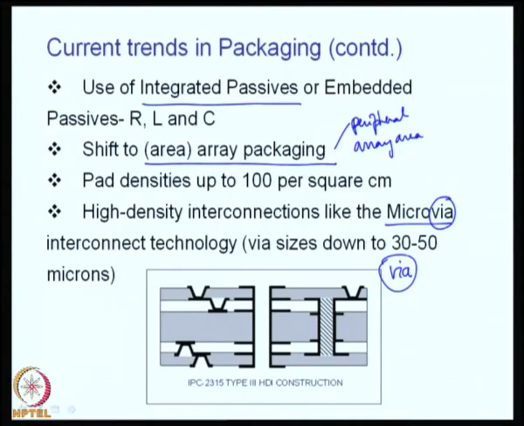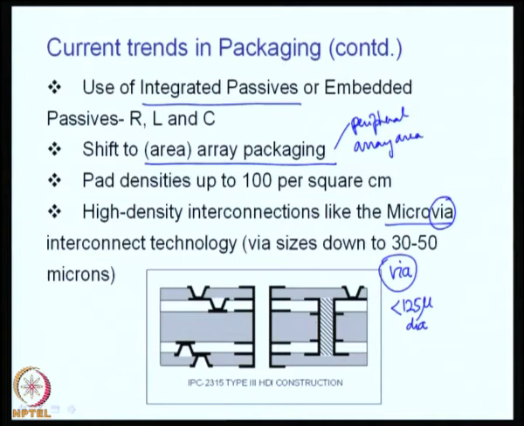When I say micro via, by definition it is any via that is less than 125 microns in diameter. Above that it can be called a simple via structure, but the micro via interconnect technology that is now being used in printed circuit boards has dimensions less than 125 micron. So, you can imagine the size. This is very clearly given here in this figure, in this slide.